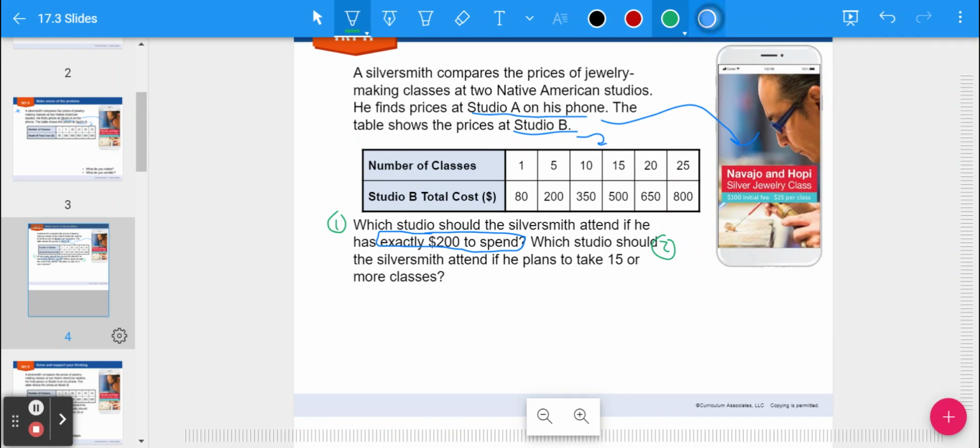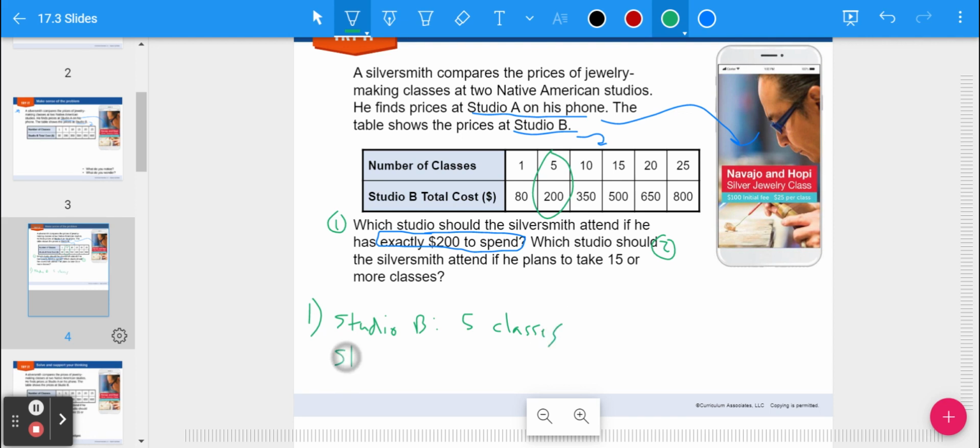So the way I would look at this, my answer for number 1 would be, well, I can find 200. So Studio B, it's 5 classes for $200, sorry.